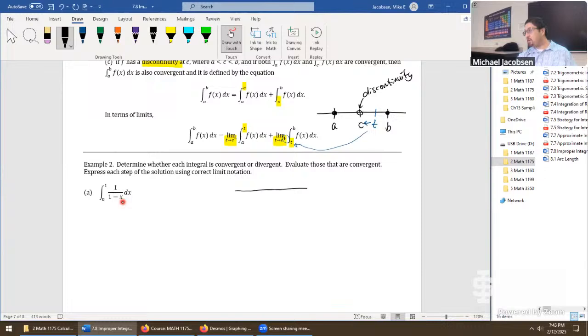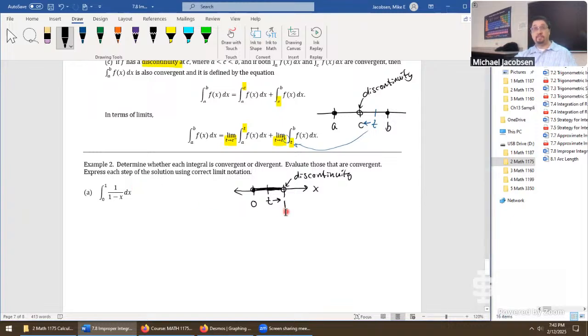So we can do a small analysis that goes like this. Here's an x-axis because we're dealing with an independent variable x. We're integrating from 0 to 1. 1 is the discontinuity. Zero, we're continuous on. We would just get a positive 1. So our variable t, when we introduce the limit, would be here, and it has to go towards the discontinuity.